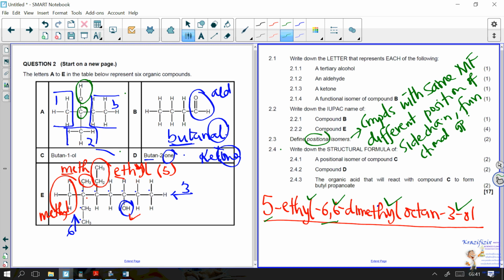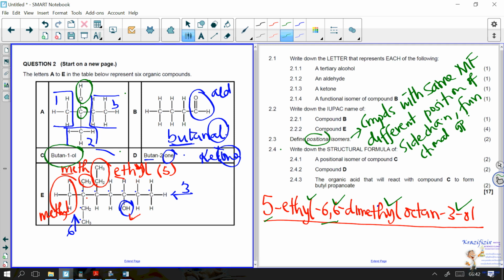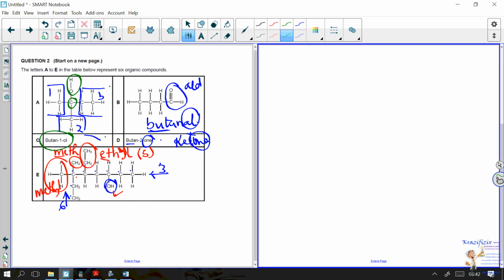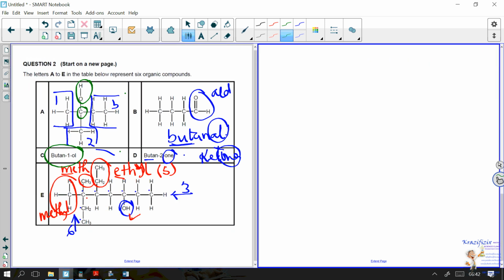All right, write down the structural formula of a positional isomer of C. What's C? Butan-1-ol. C is butan-1-ol. What do I need? I need an isomer there. Okay, what isomer? Let's go read the question again quickly.